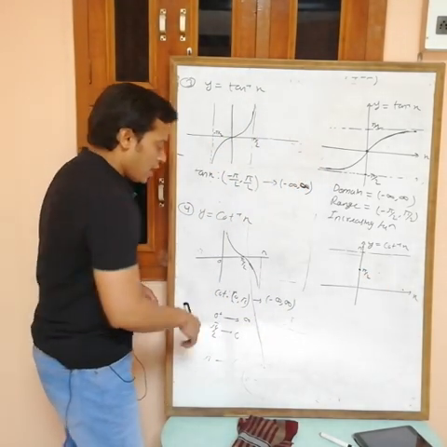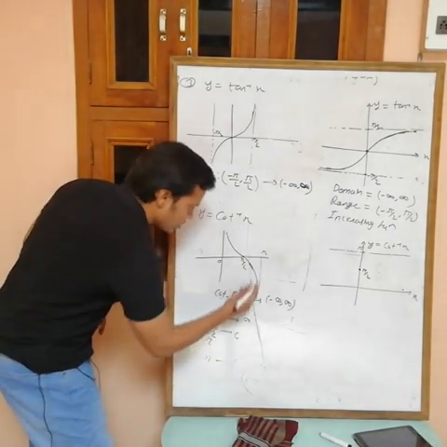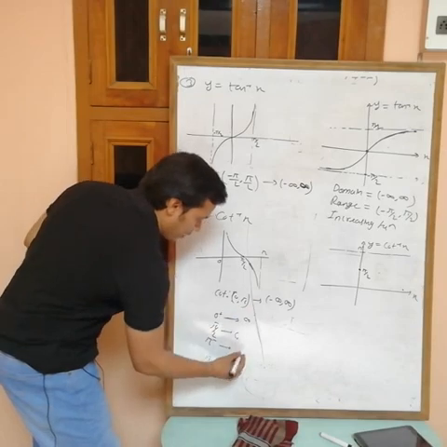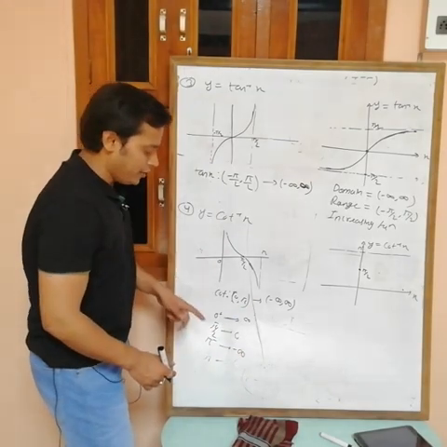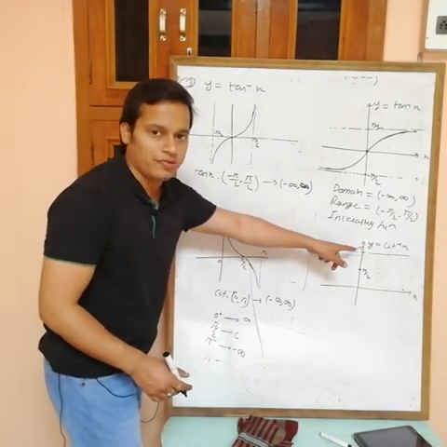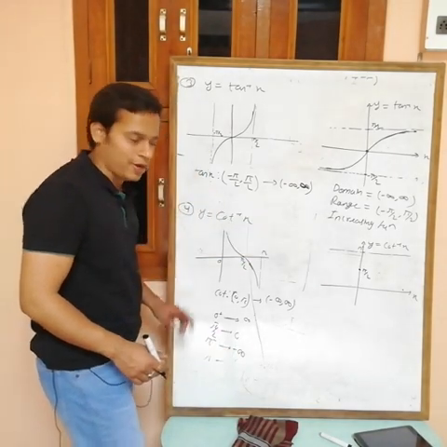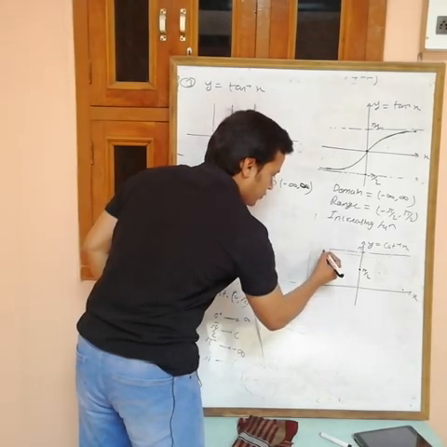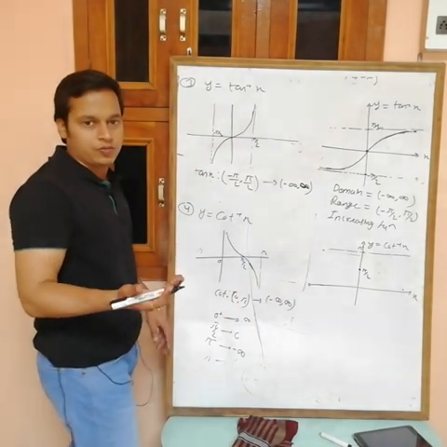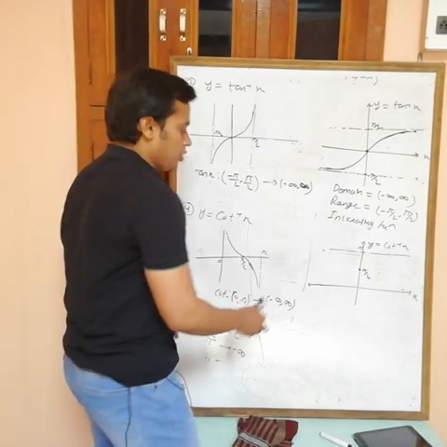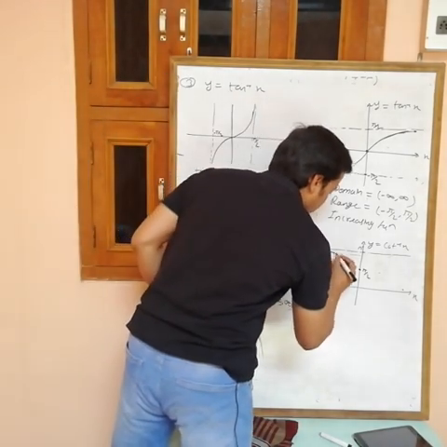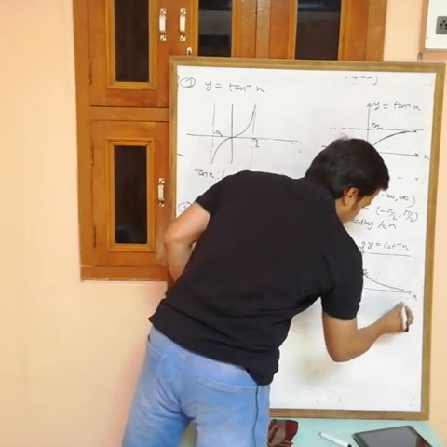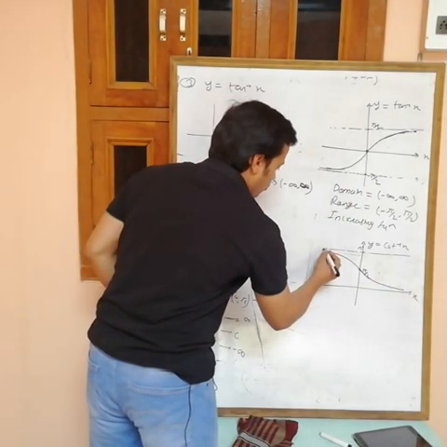At pi minus, just before pi, the value of cot is minus infinity. So the value of cot inverse at minus infinity is pi minus. Suppose this is minus infinity, the value is pi minus, just less than pi. Like this. Again, if you join them, this is the graph of cot inverse.